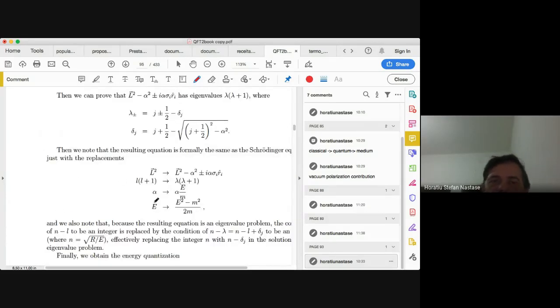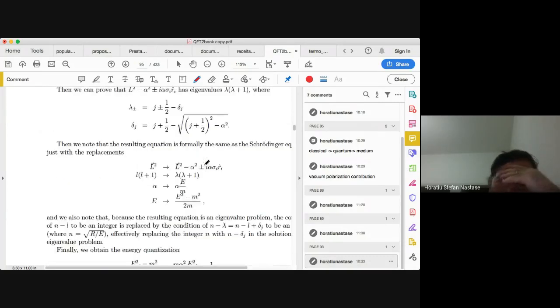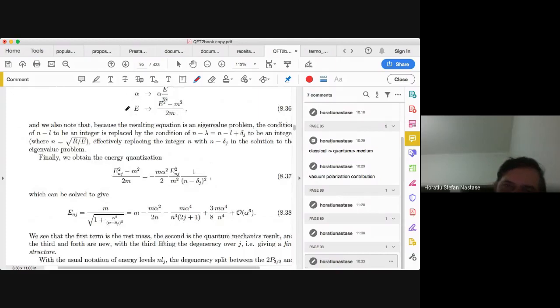So this is, therefore, the replacement that formally relates this relativistic equation to the non-relativistic one. And since I know the solutions for the non-relativistic E, that means I can calculate the solutions for the relativistic E, for this E squared more precisely, right?